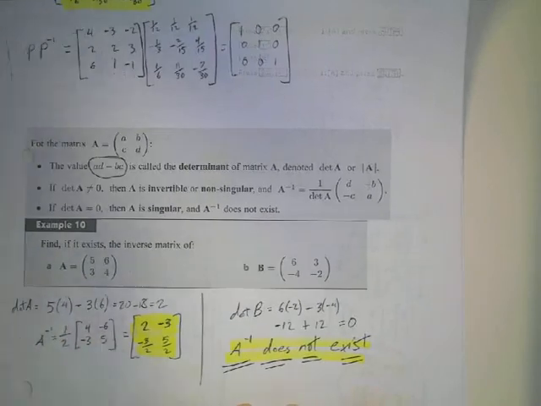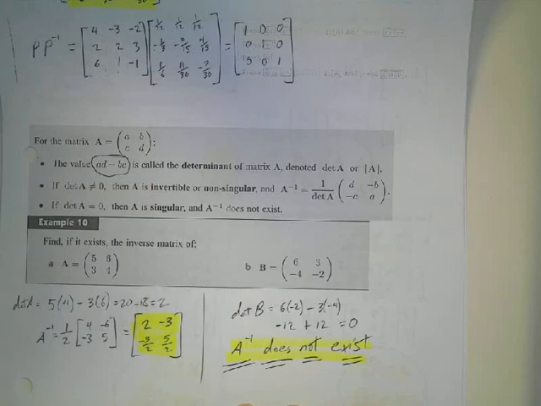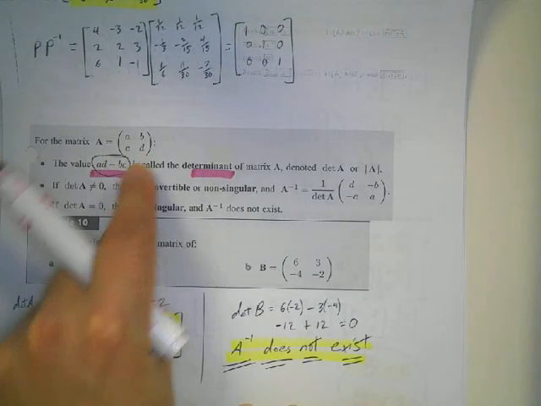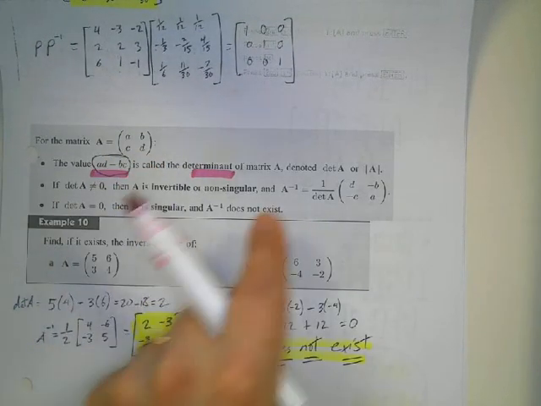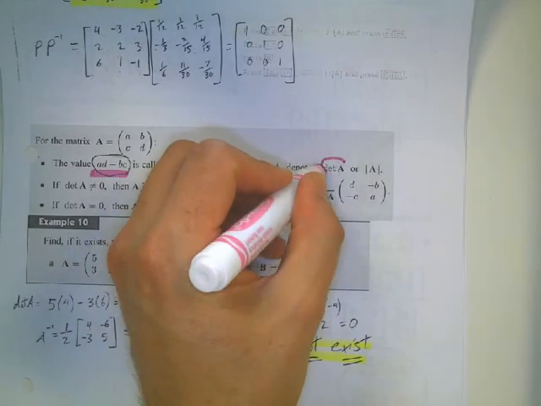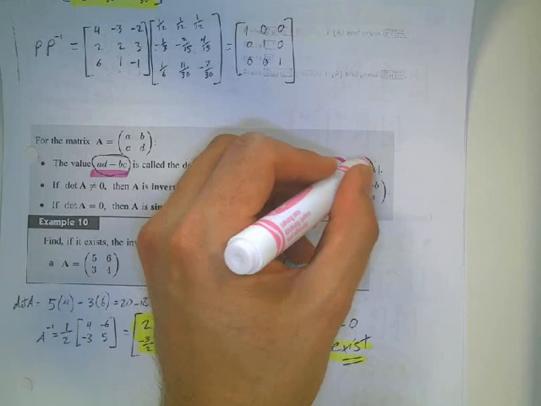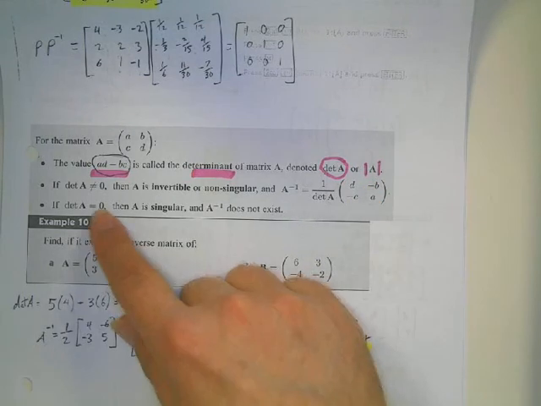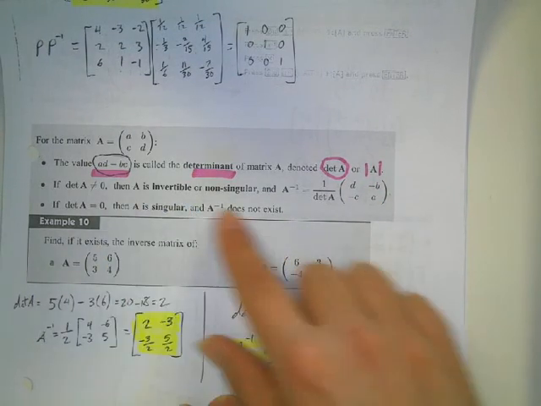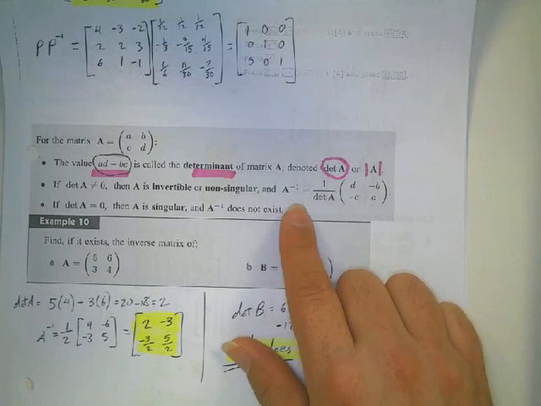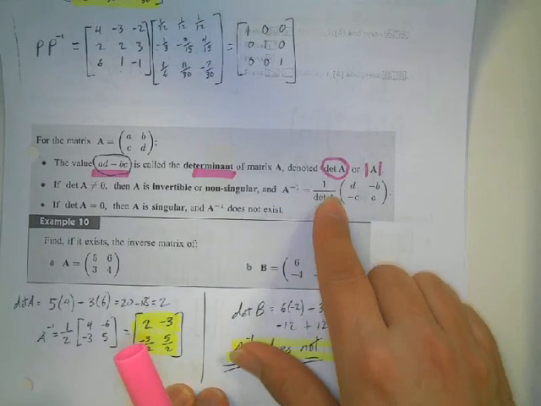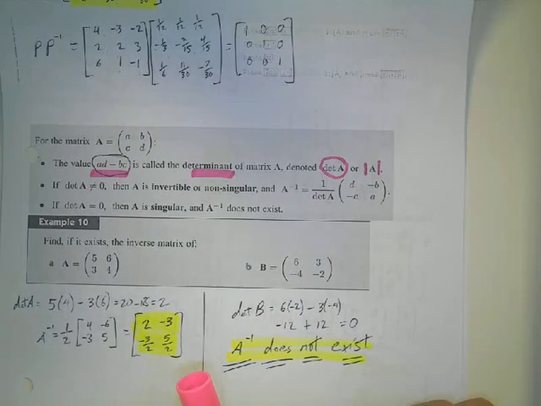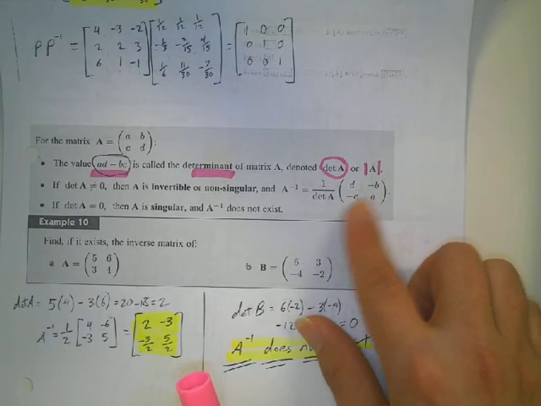Key things. Okay, so to find the determinant, we're going to do A times D minus B times C. It's denoted det A, or it looks like the absolute value of A. If the determinant is not equal to 0, then there is an inverse, and we can find the inverse by 1 divided by the determinant, a scalar, times our matrix with the A and D switched and the signs of B and C changed.